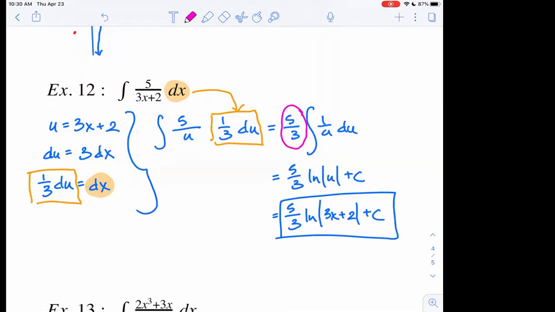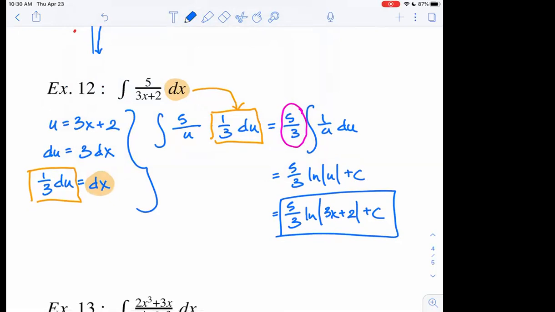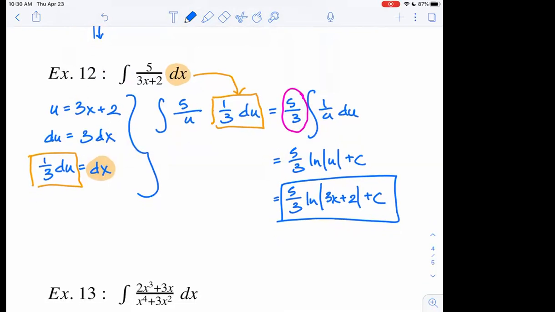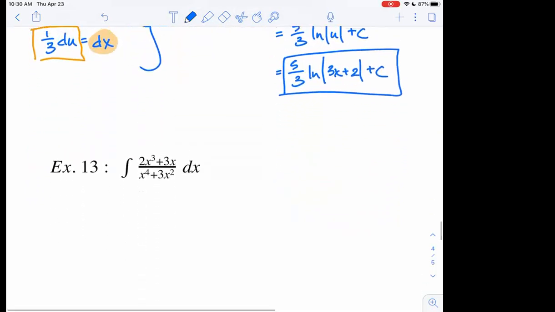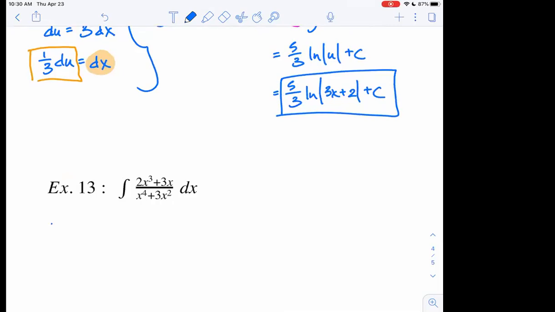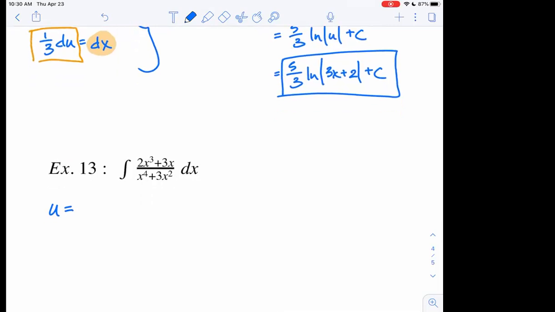Any other clarifying questions on number 12? All right. So let's walk through number 13 together. Why don't you folks help me out here? I'll give you a moment to take a look at the question. So we have the integral of 2x cubed plus 3x over x to the fourth plus 3x squared.